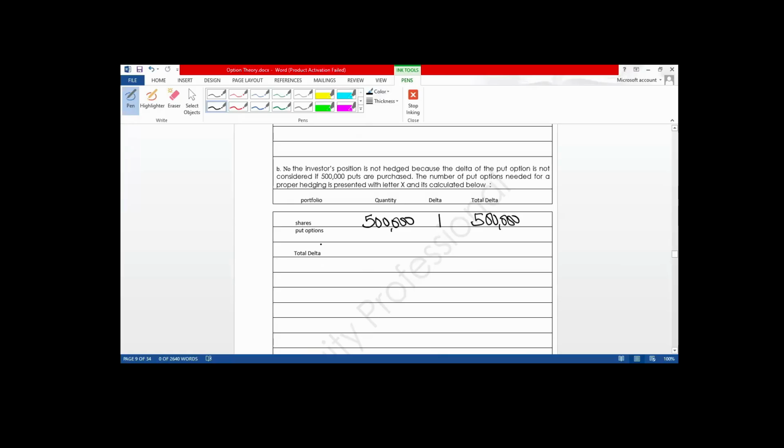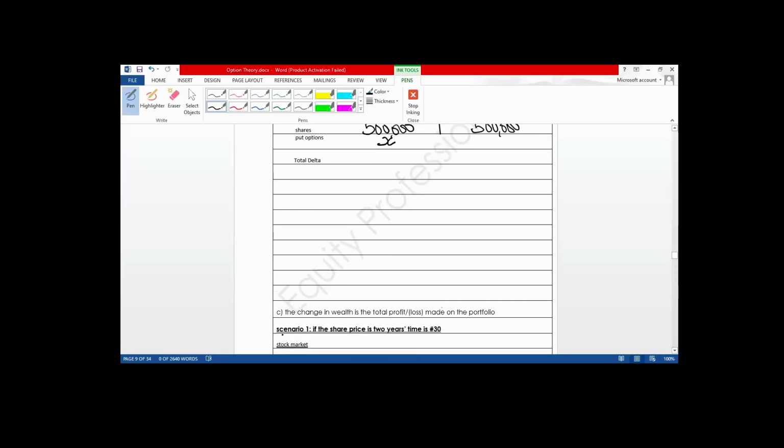Put options, I don't know yet. Represent it with letter X. Delta of put option, N(d1) minus 1. We can work it here. Delta of a put option, N(d1) minus 1.